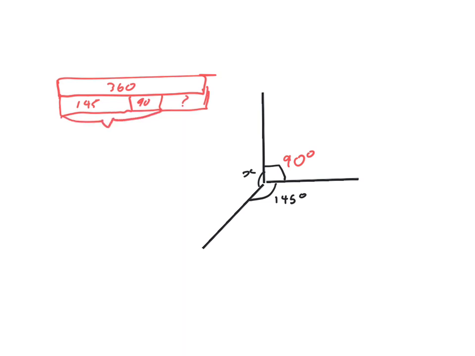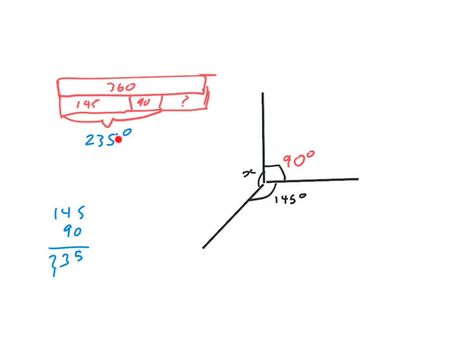So first of all, we need to work out what this bit is. Okay, 145 add 90. 5 add 0 is 5, 4 add 9 is 13, 1 add 1 is 2. So 235 degrees.